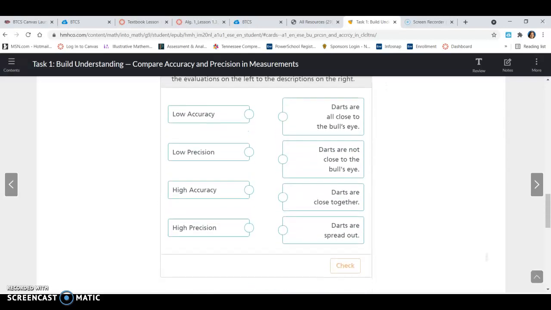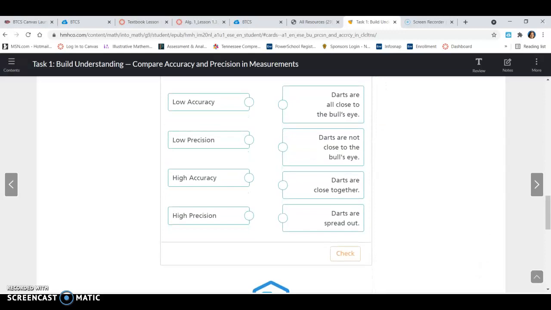So we can look here and we've got low accuracy, low precision, high accuracy, and high precision. On this side it says darts are all close to the bullseye. So that's going to be high accuracy. Darts are all close to the bullseye, so those are accurate throws.